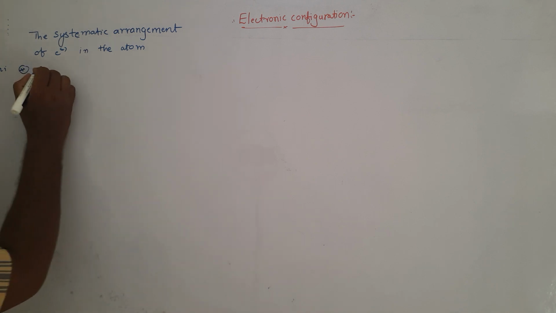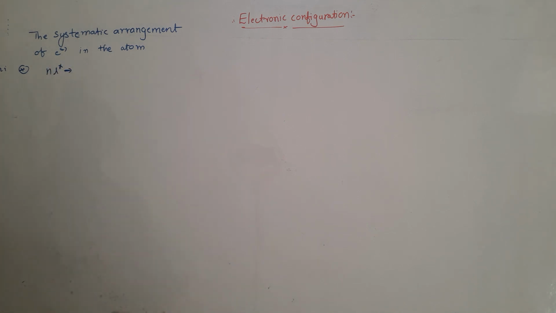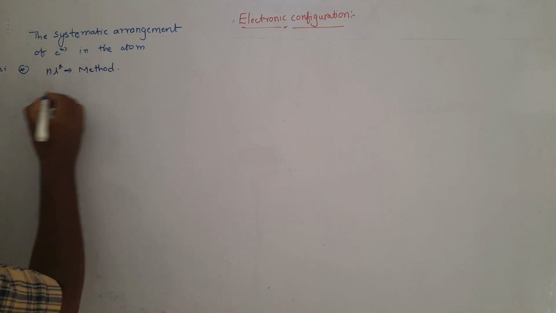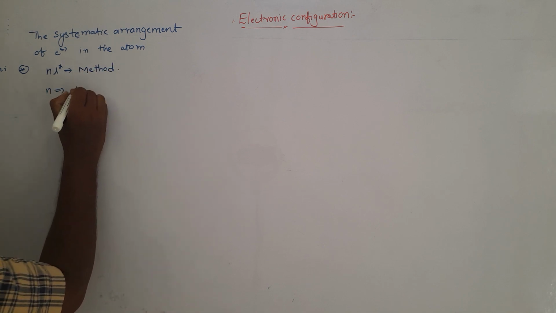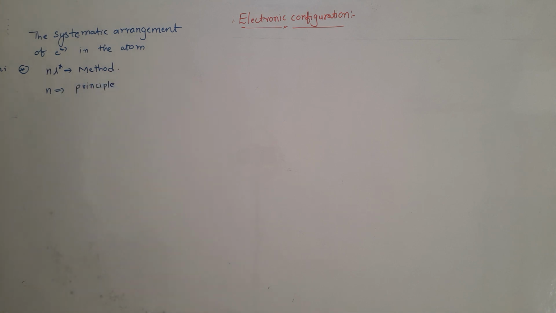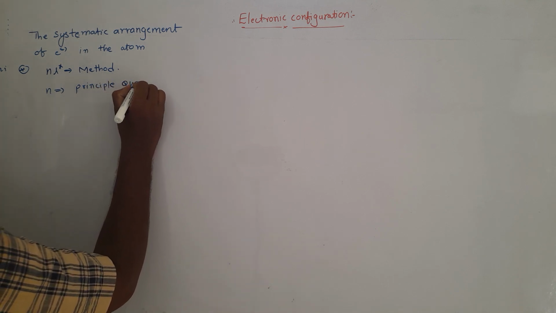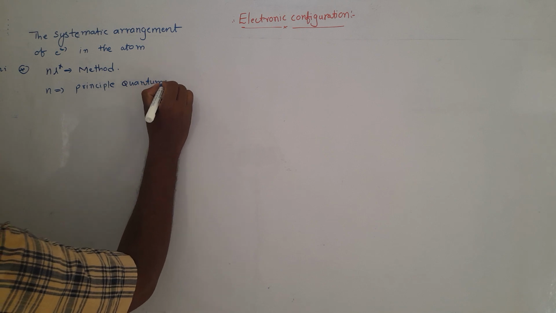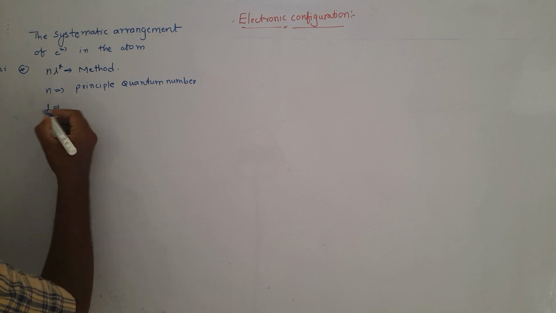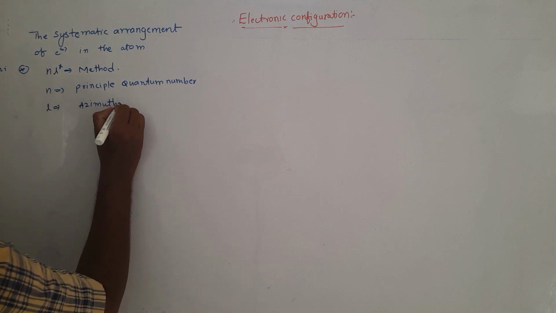So here NLX method is very important to write the electronic configuration. So in NLX method, n is the principal quantum number. In the last video, I explained the principal quantum number, and L is the azimuthal quantum number or subshell quantum number.